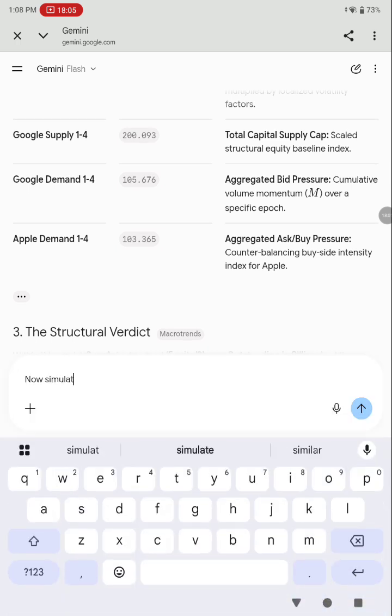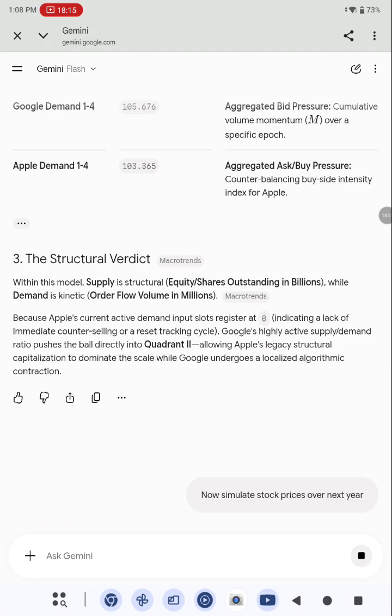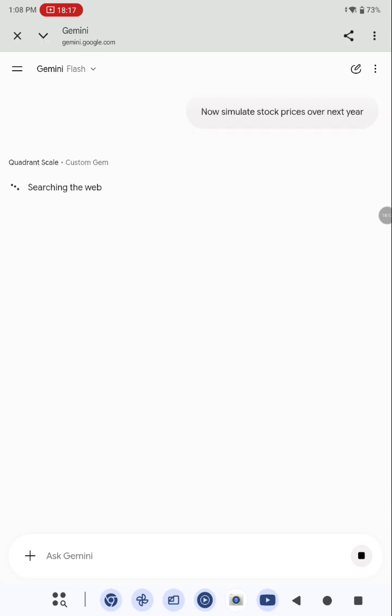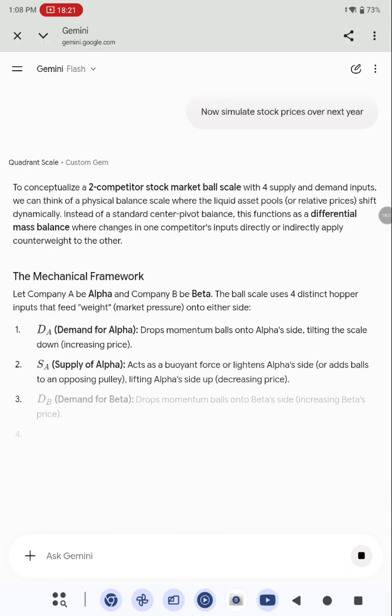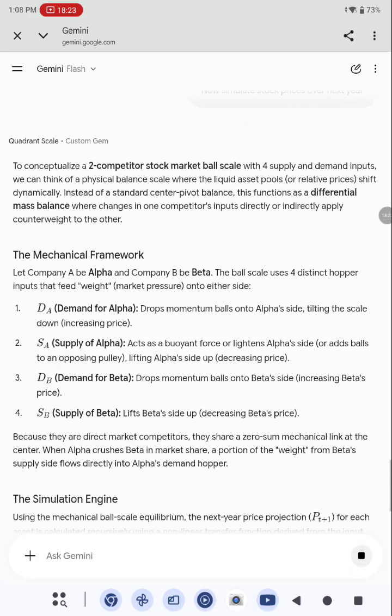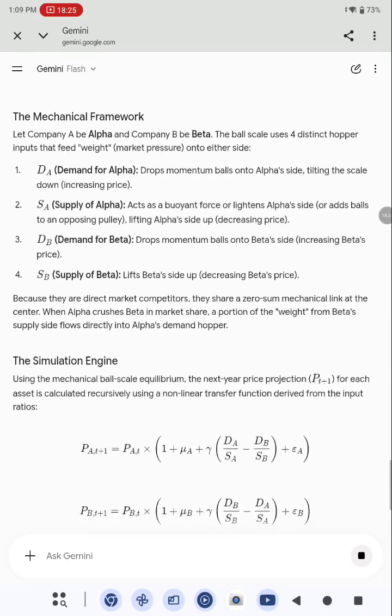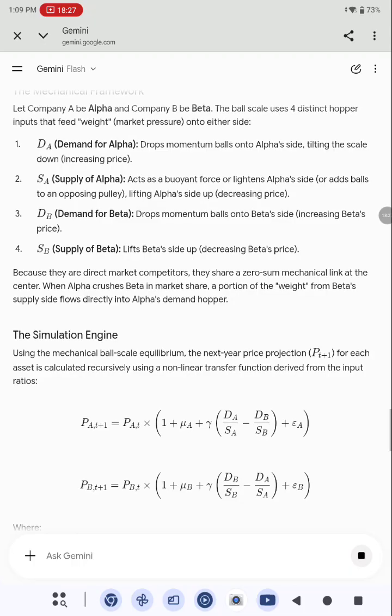So, now simulate stock prices over the next year. I am tired of reading.